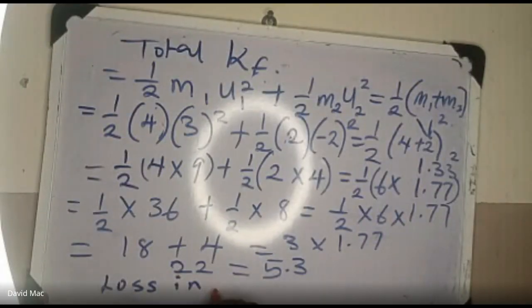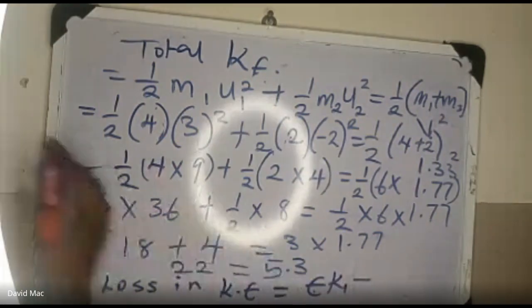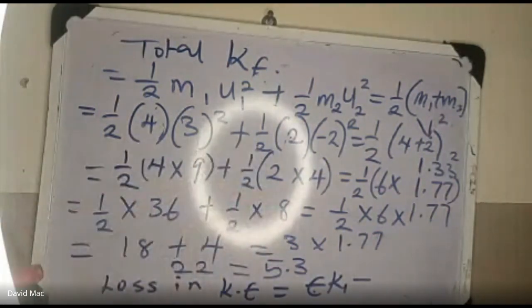Loss in what? Kinetic energy. And the formula for the loss in kinetic energy is always the total kinetic energy before collision, we call it EK1, minus the total kinetic energy after collision, EK2.